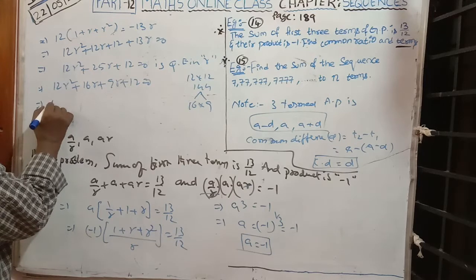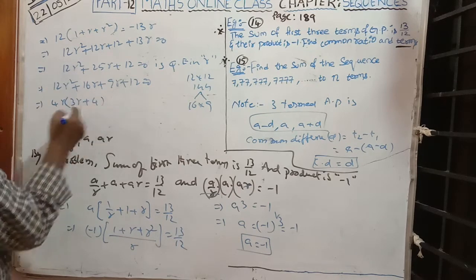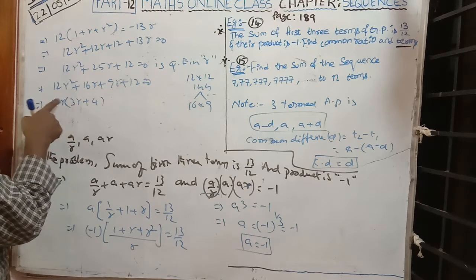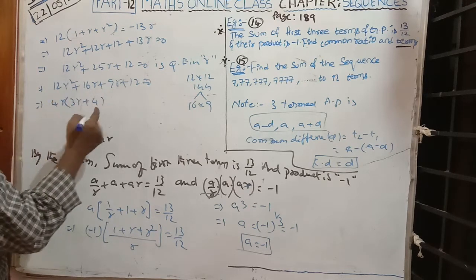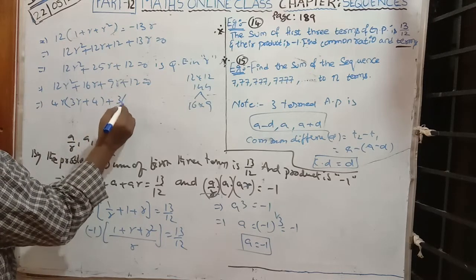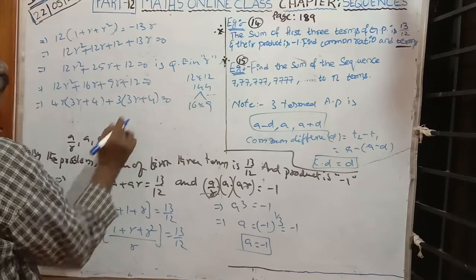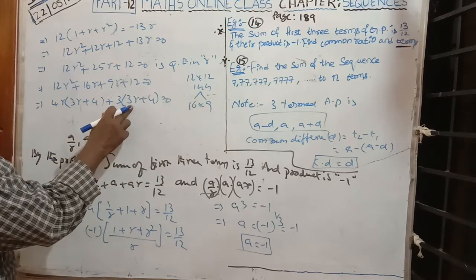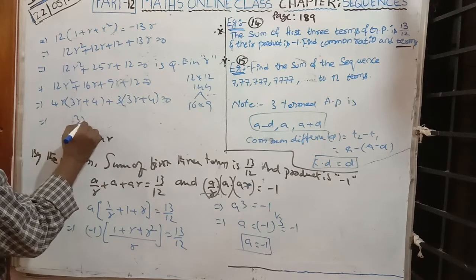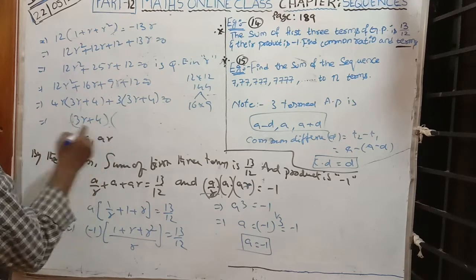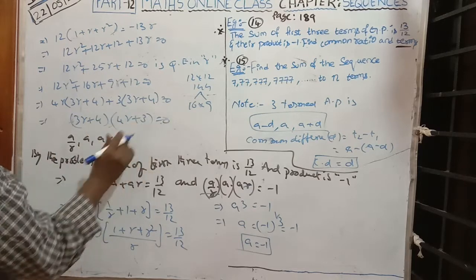4R is taken as common, then 3R plus 4. 4R into 3R, 12R square. 4 into 4 is 16R. Here also 3 can be taken as common, here also 3R plus 4. 3 into 3R is 9R, 3 into 4 is 12. So in both cases 3R plus 4 is common, and there remain 4R and here remain 3, equal to 0.